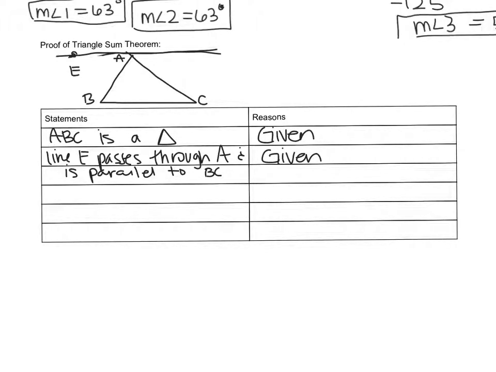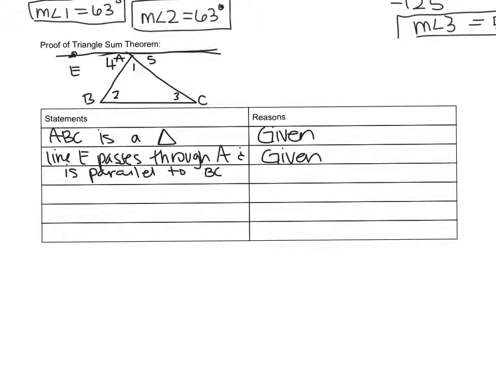It's also going to be given information to help us with our proof. I'm also going to go ahead and label the interior angles of the triangle to make it easier in the proof, along with the 2 angles at the top along line E.